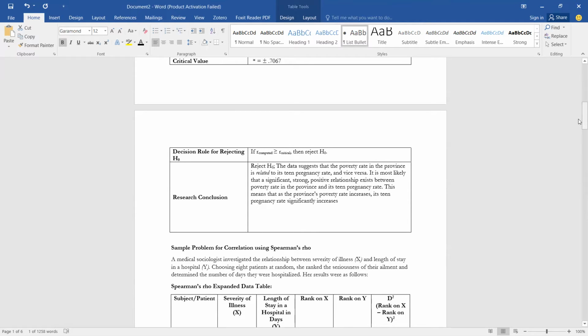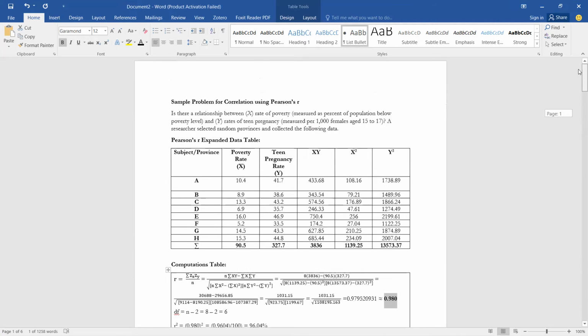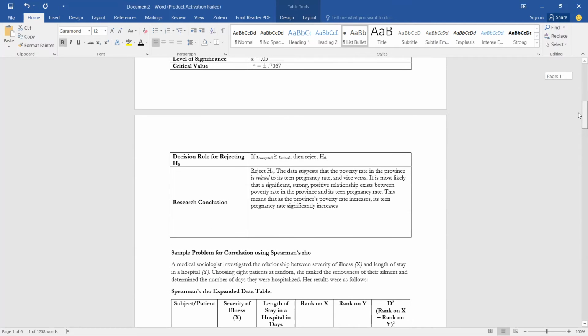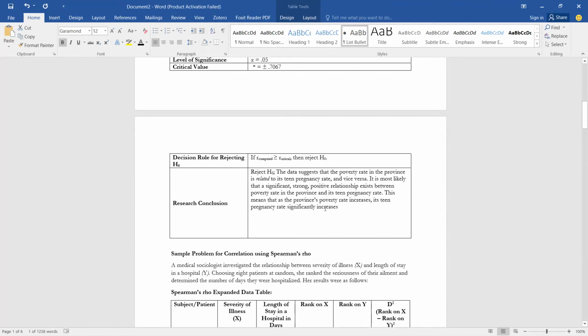A relationship exists between poverty rate in the province and the number of females aged 15 to 17 who become pregnant. This means that as the province's poverty rate increases, so does the teenage pregnancy rate.